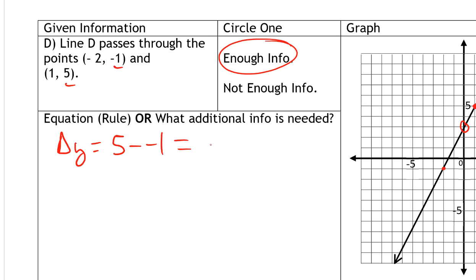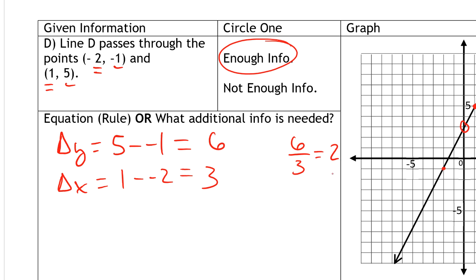So my change in y would be positive 6, and the change in my x values, 1 minus -2, gives 3. So my slope is that change in y divided by the change in x, so I have a slope pattern of up 2 over 1.